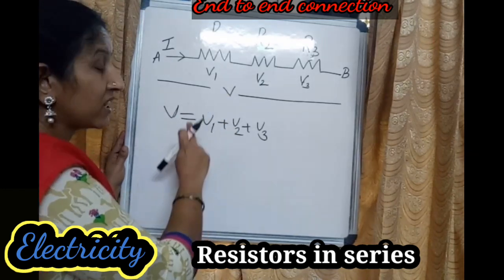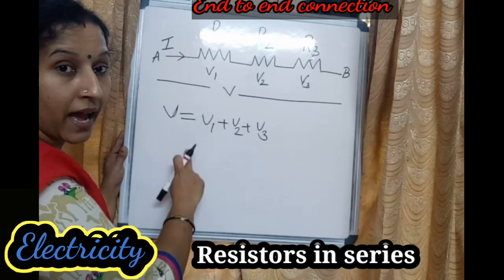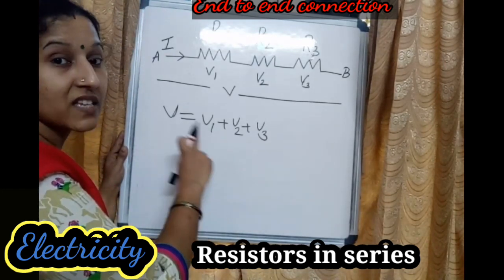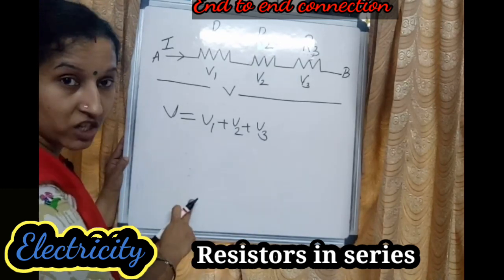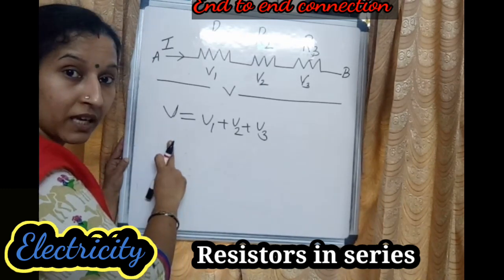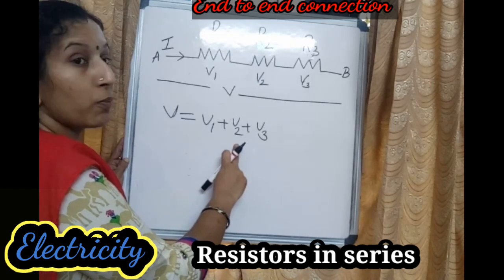In series connection, potential difference is different for different resistors and their sum is equal to V, the total potential difference across A, B. So it is observed from the experiment that V equal to V1 plus V2 plus V3.